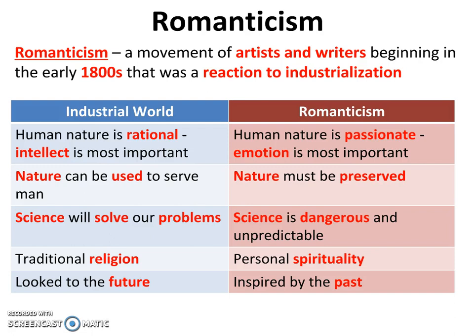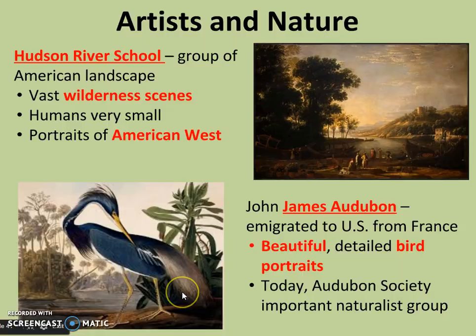The industrial world embraces traditional religion and being part of an organized religion. Romanticism says that personal spirituality and being true to oneself is more important than being part of an organized church. The industrial world looked to the future, whereas Romanticism was inspired by the past.